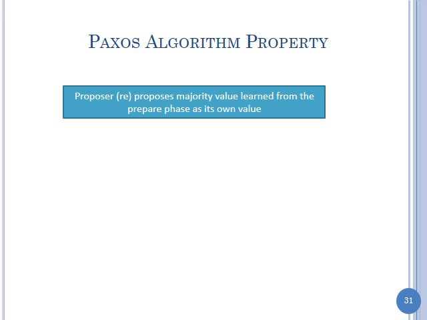Okay, here's the most interesting aspect of the algorithm: a proposer with a higher proposal number might repropose the value that it learns about from a lower numbered proposal, and especially if it's a majority value.